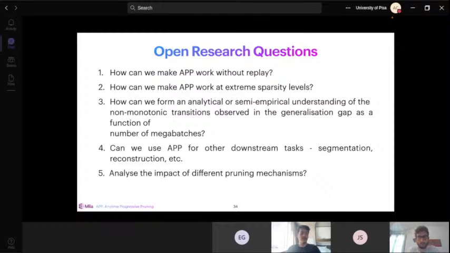And finally, if we can analyze the impact of different pruning mechanisms in a more concrete way. As I showed you, we analyze magnitude pruning as compared to SNP pruning, but there are several more ways of pruning, and if we can analyze all of them and make a more concrete validation, that would also be pretty important.